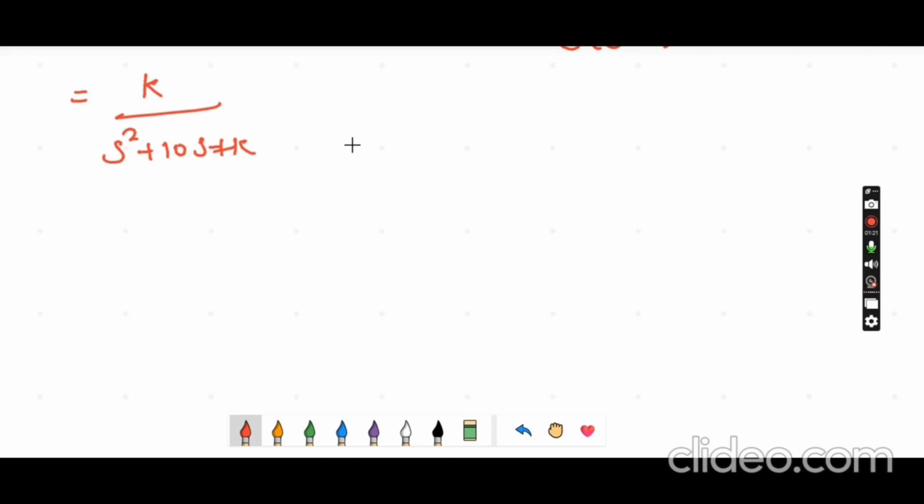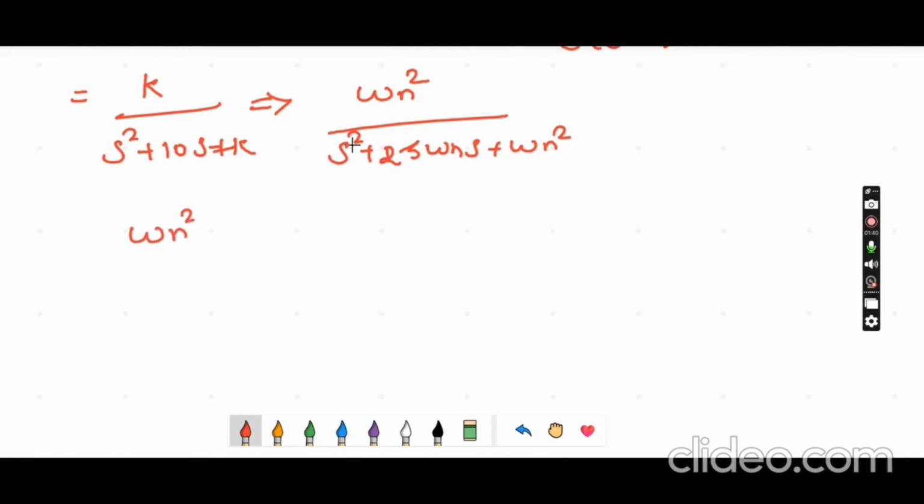So we need to find the value of k. For that, we will equate this to the general form of equation, s square plus 2 zeta omega n s plus omega n square. By equating, we know that k is equal to omega n square.